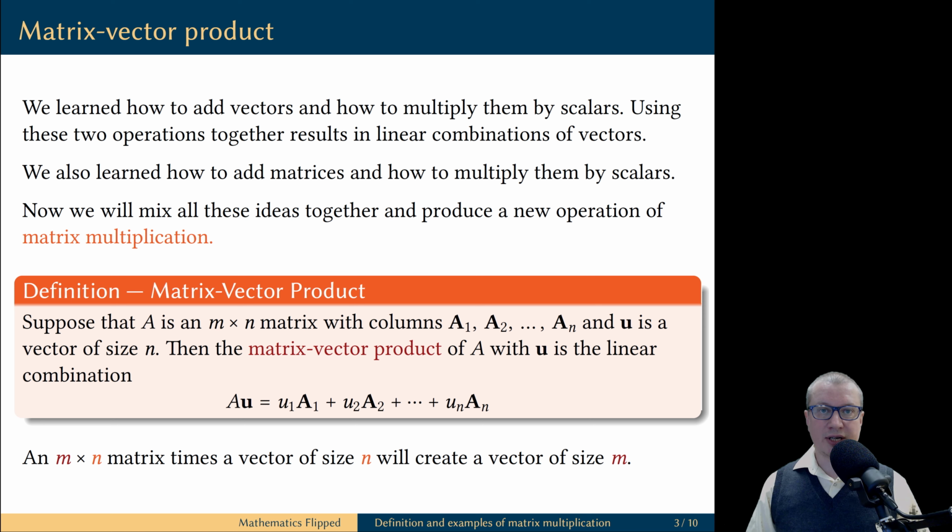In the matrix of size m by n, we have m rows and n columns. Therefore, every column of the matrix A is a vector of size m. So the linear combination of the columns of the matrix A is a linear combination of vectors of size m, and it becomes a vector of size m.